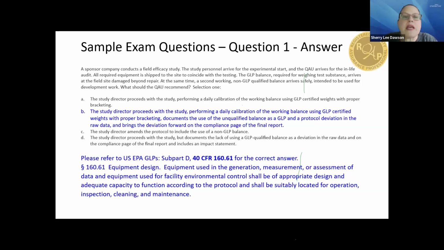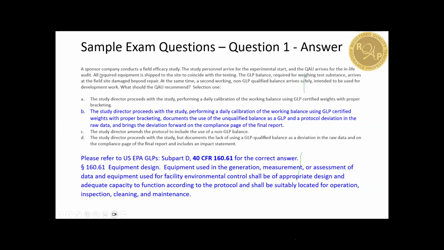Oh, a sponsor company. So if they're shipping a piece of equipment, it's expected that it's a GLP study and you're going to use GLP equipment, so that's been calibrated, maintained, etc. So whether it's specifically a protocol deviation, we wouldn't necessarily know. But I think with everything else in there.